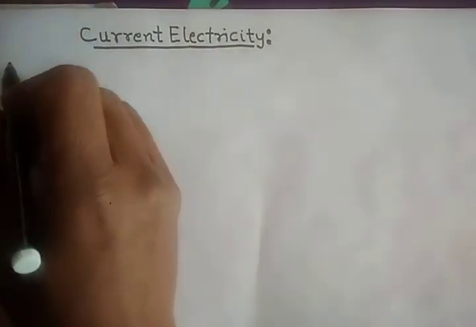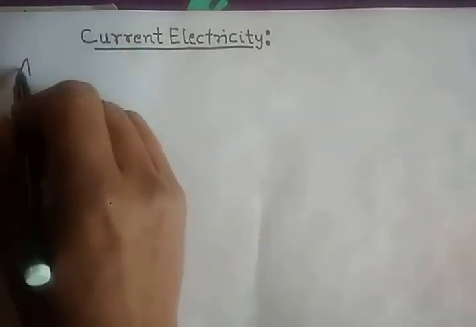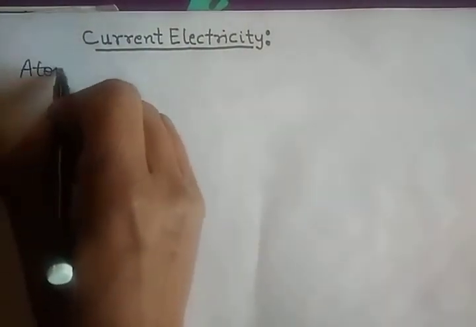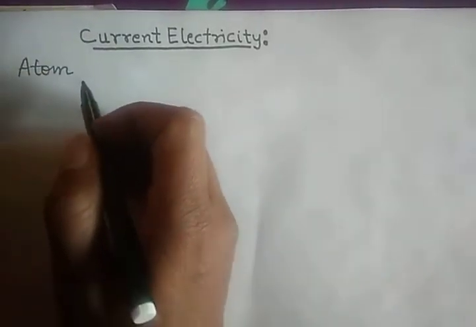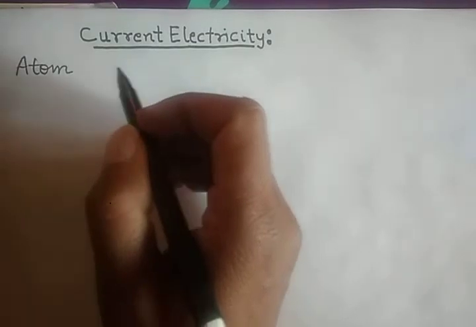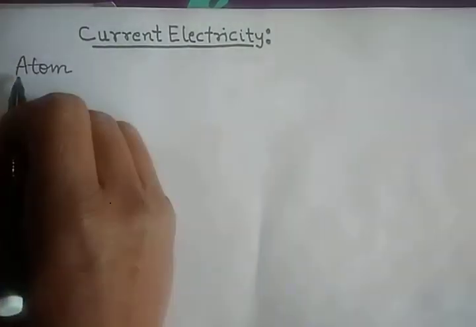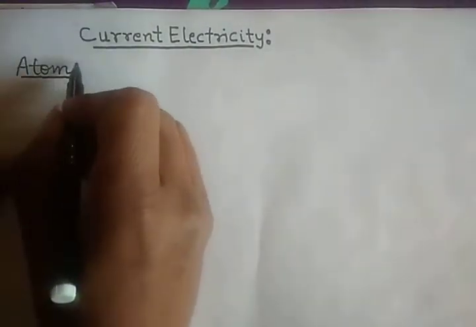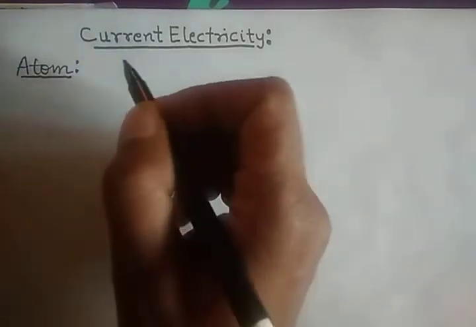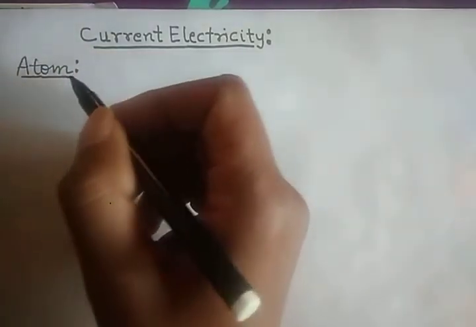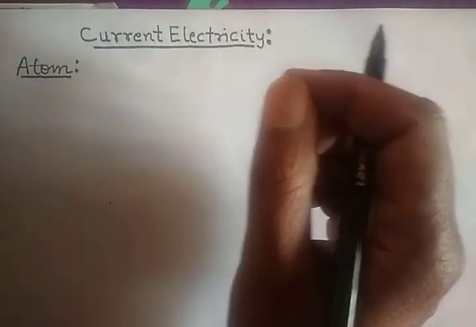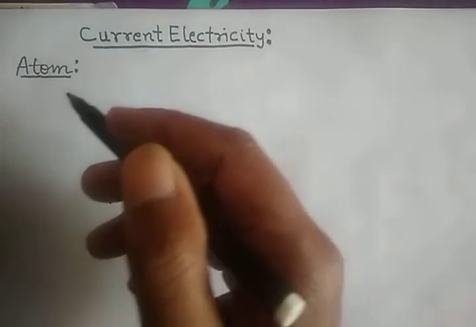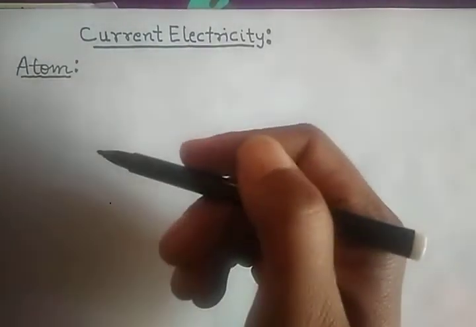As we know, the atom is the fundamental unit of matter, and if we go on dividing matter, we will end up at atoms, which can exist in a free state, yet try to combine to form molecules.